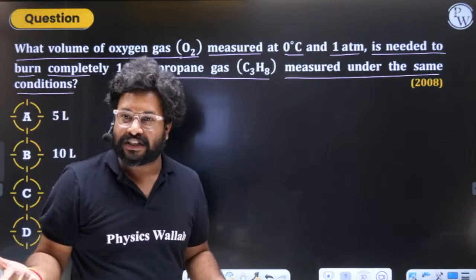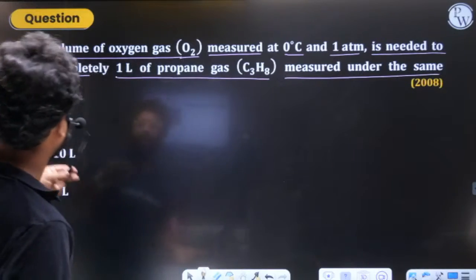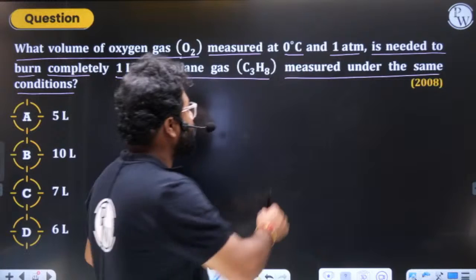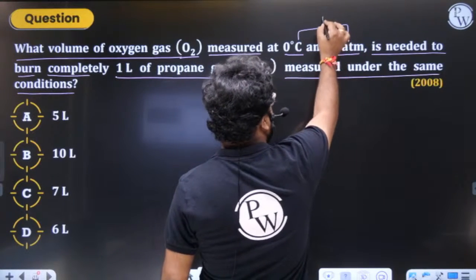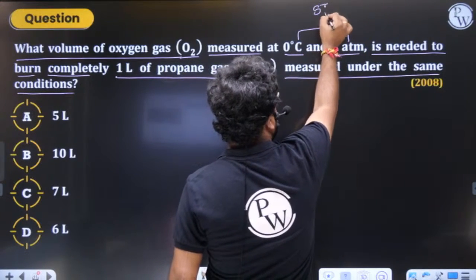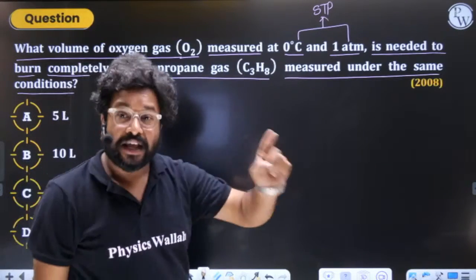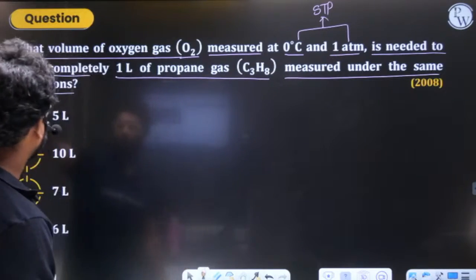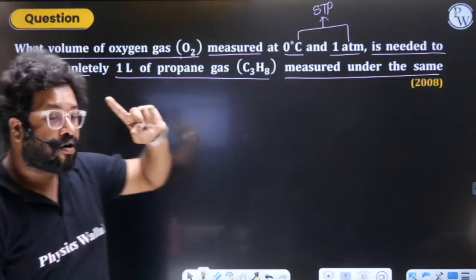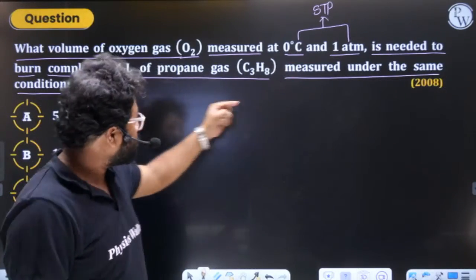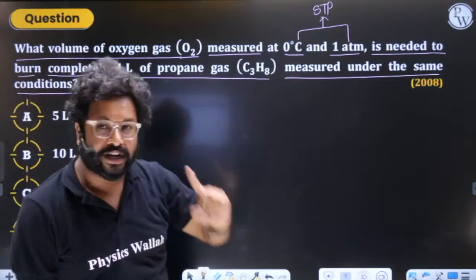So basically they are asking us what is the volume of oxygen gas measured at 0 degrees Celsius and 1 atmospheric pressure, which is STP, needed to burn completely 1 liter of propane gas, whose volume is also measured under the same conditions.